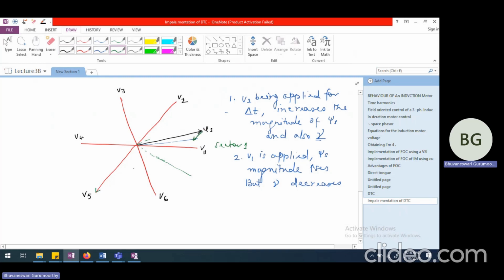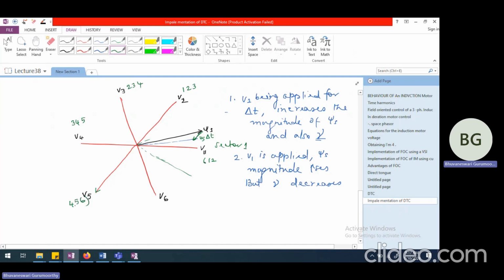This is V5 times delta T. V5 corresponds to, please think about it, 6, 1, 2 switches on, this is 1, 2, 3, this is 2, 3, 4, this is 3, 4, 5, this is 4, 5, 6.